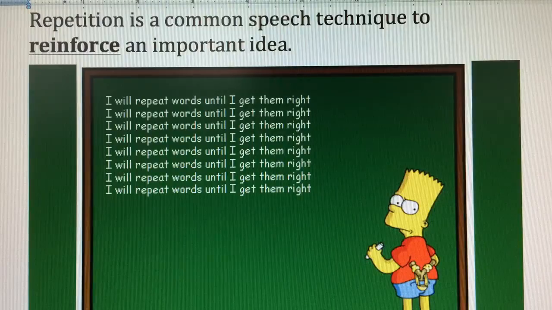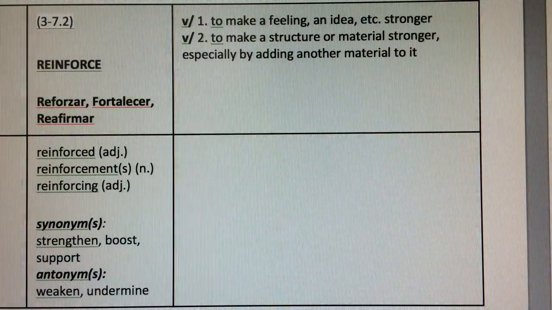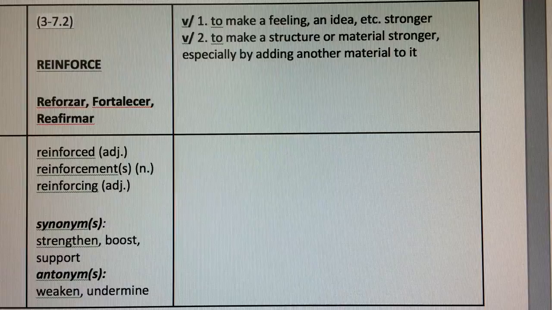Okay, let's look at the second definition. The second definition is to make a structure or material stronger, especially by adding material to it. So here we are talking about physical objects. Physical objects. Making them stronger.